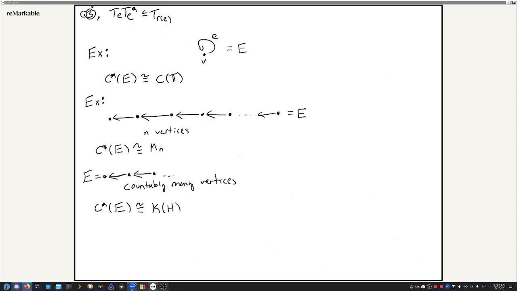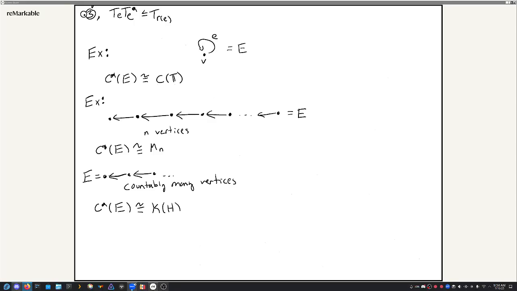So, like I mentioned, for general generators and relations, it's very difficult to construct faithful representations of the C star algebra.